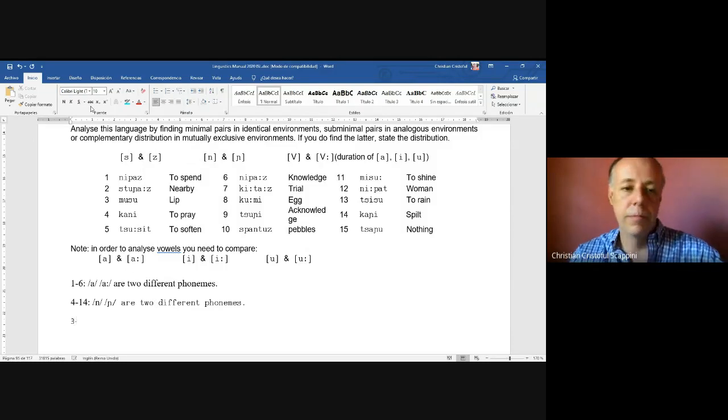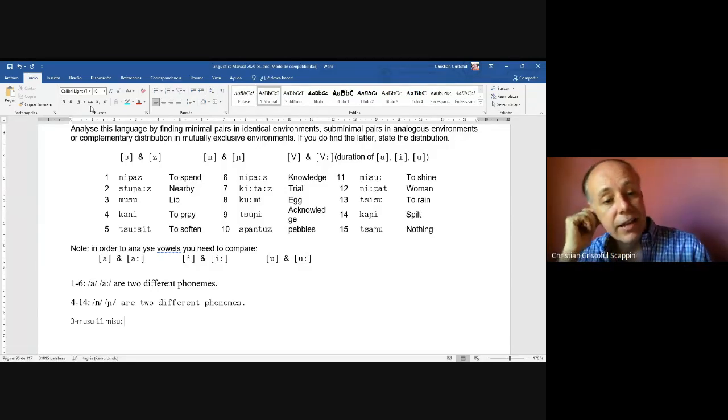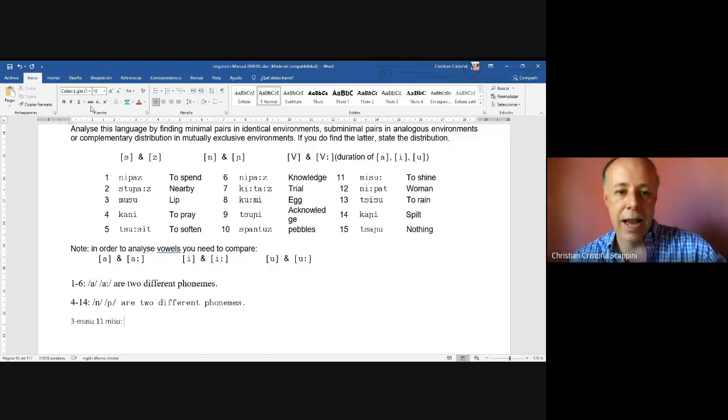This is an example of a sub-minimal pair in which the sounds E and U occur. Musu, misu, and then sanu, suni, kani.